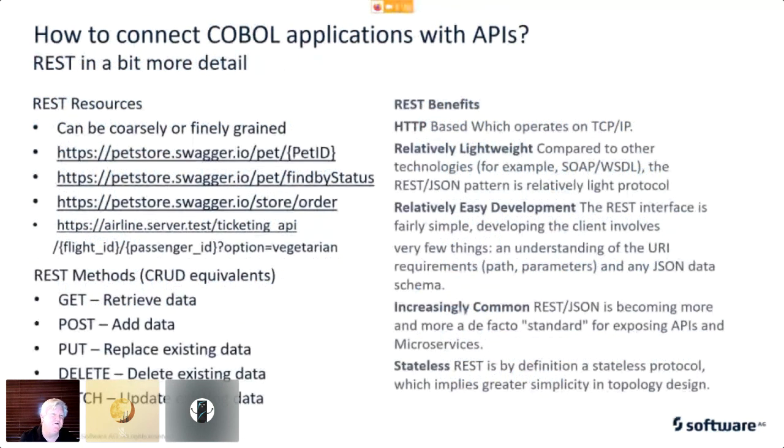So we're going to take a look at a little bit more about REST. Before we move on, we talk about a REST resource. So again, we said it was HTTP driven. Resources can be coarsely or finely grained.